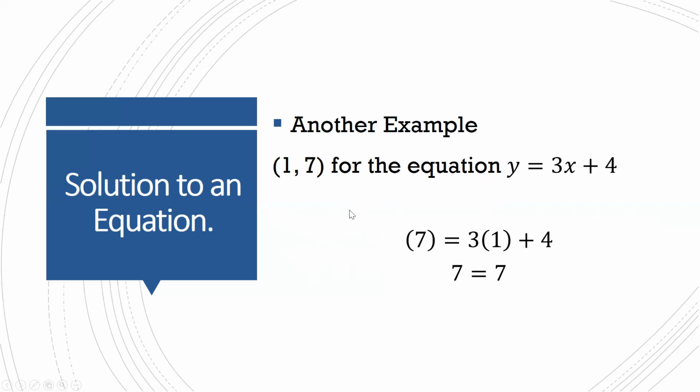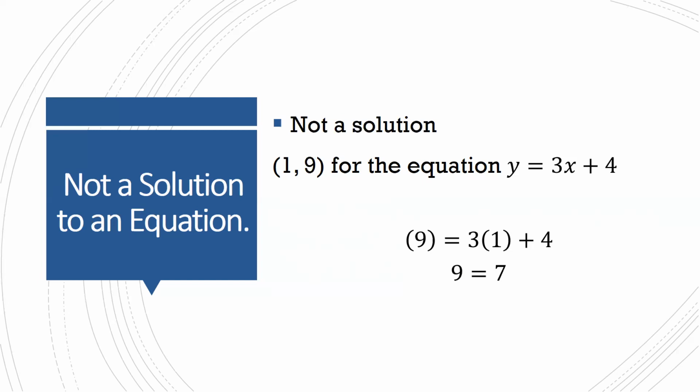It turns out -3, -5 is not the only solution to that linear equation. In the linear equation y equals 3x plus 4, if you replace the x with the number 1 and the y with the number 7, so in other words, plug in the point 1, 7, you also get a true statement, and that means 1, 7 is also a solution to y equals 3x plus 4. Now, there's lots of points that are not solutions as well.